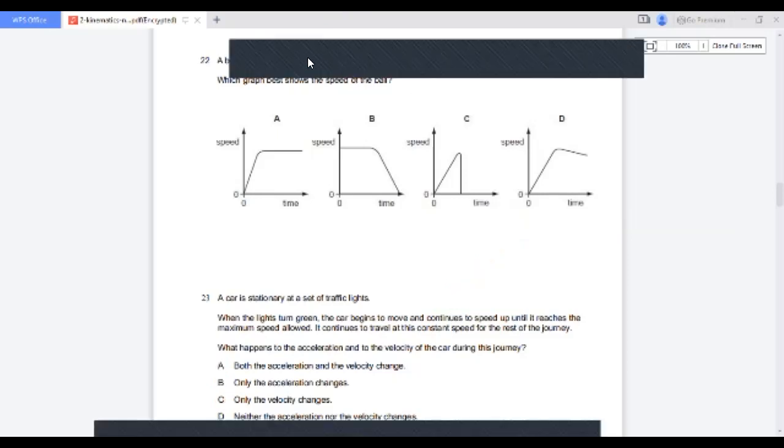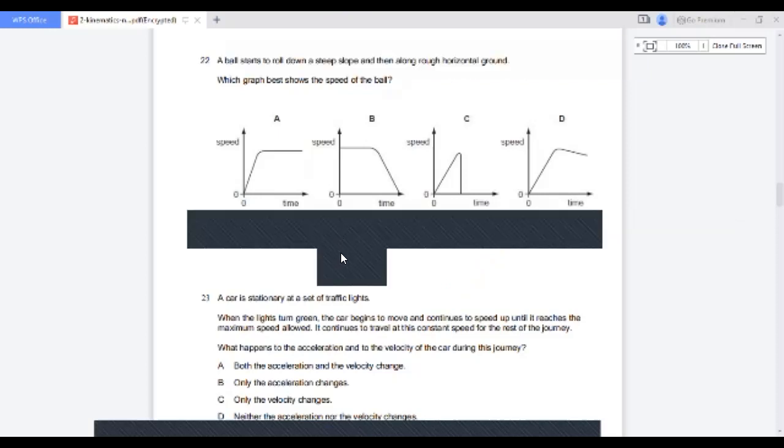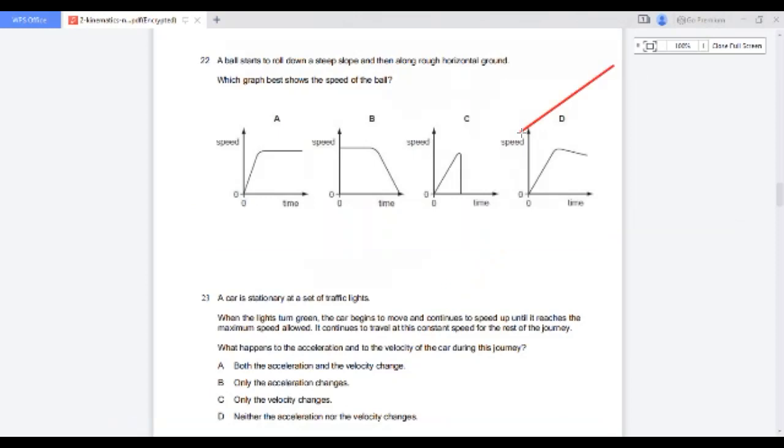Okay, so question number 22 says, a ball starts to roll down a steep slope and then along a rough surface. So a steep surface would be something like this, and then we have a rough surface.